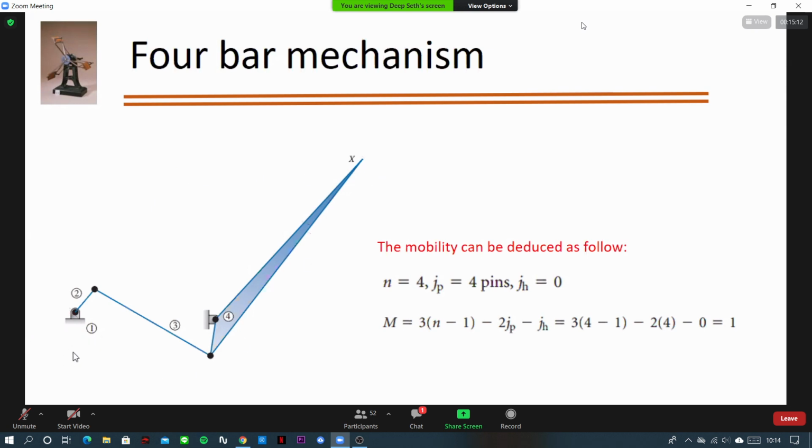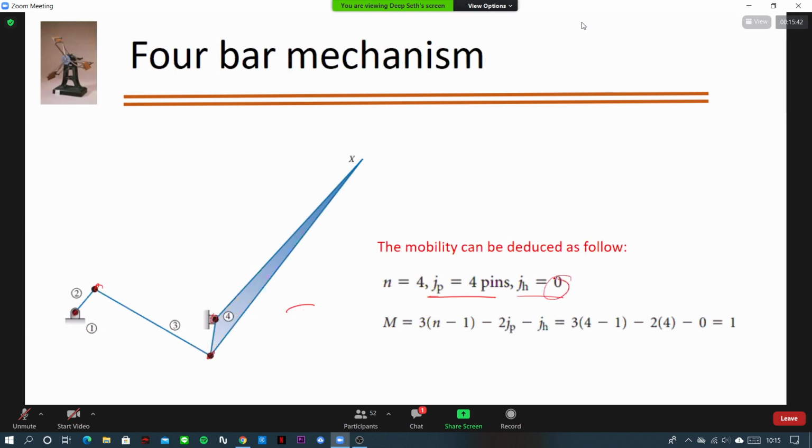So how will we determine that? First we will see the number of links and joints. We have 4 links over here, so n is equal to 4. Pin joints we are seeing here: 1, 2, 3 and 4. So j is 4. And higher joints we don't have any, because we don't have any gear or cam follower mechanisms over here.